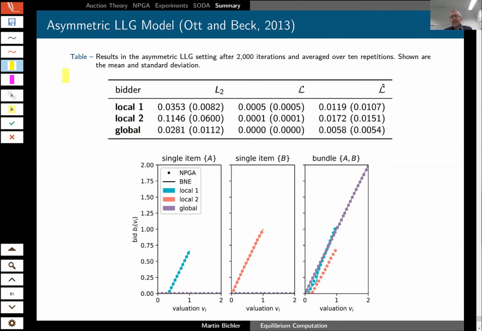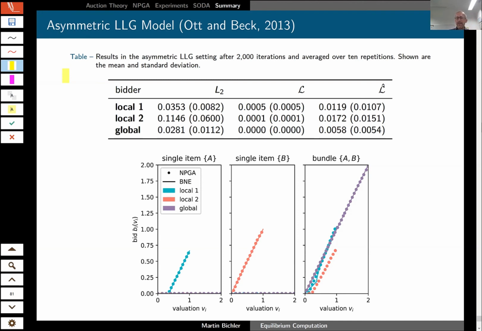They looked at a version of this LLG model that is a bit biased, in the sense that one of the bidders is favored. Marian, you might want to correct me if I'm saying anything stupid here, but this one bidder essentially gets his victory rent, and the other bidder does not.